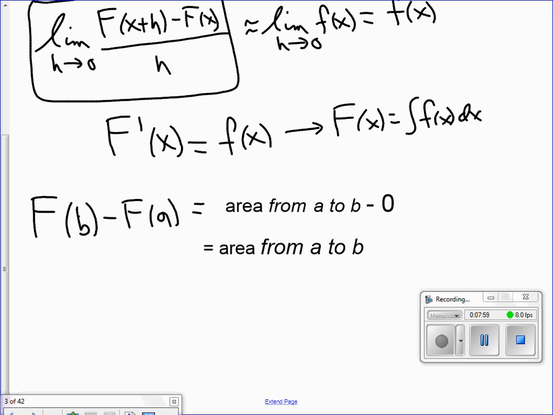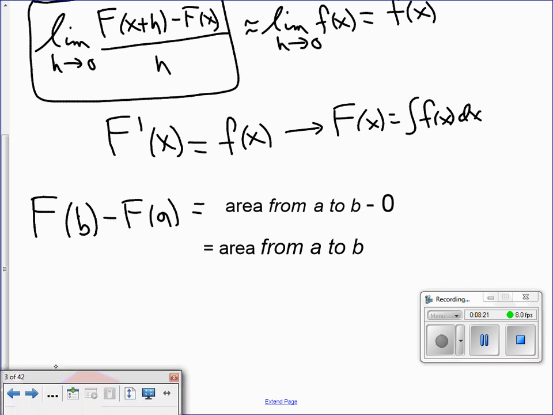If we take the antiderivative of a function and we plug in b and we plug in a and we subtract, we get the area under the graph of the original function. Now this is only true if the function is positive, and we'll talk about that, but it gives us a way to find the exact area under a graph.